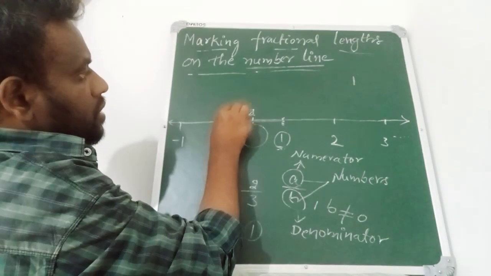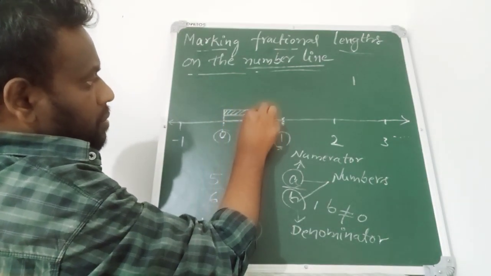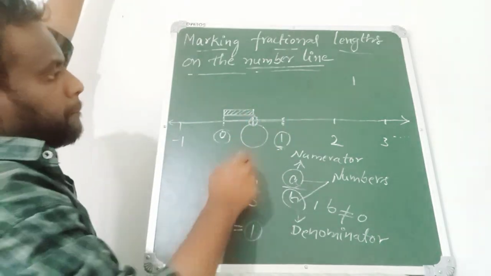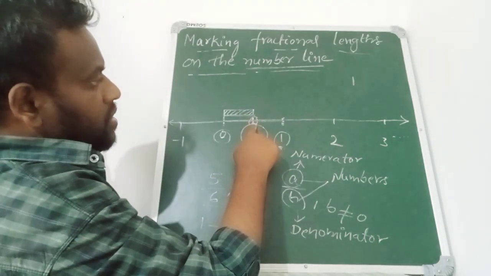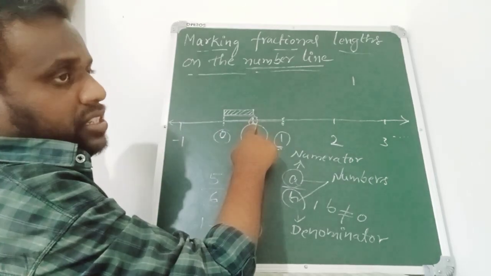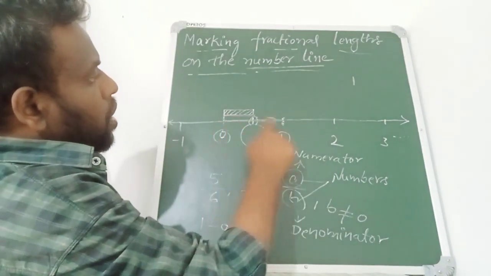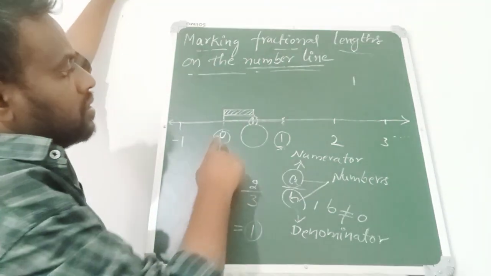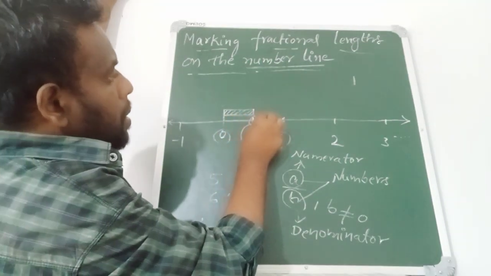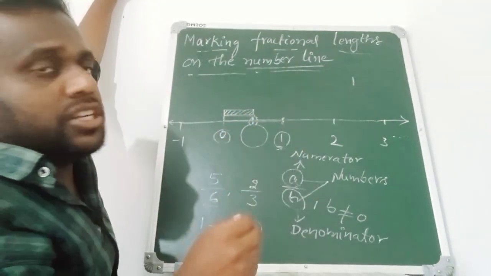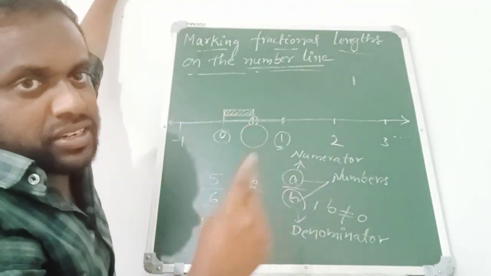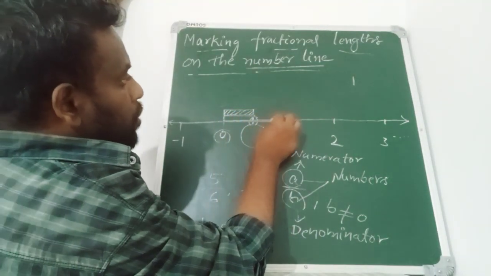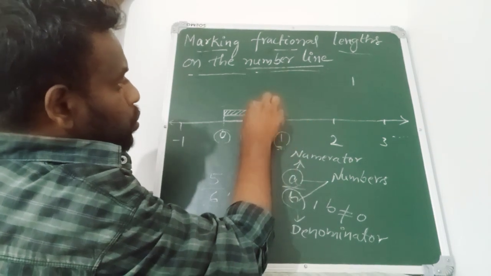Next, see, this length we have to mark here. See, this part you take. So this is exactly in the middle of this 0 and 1. So what is the meaning? This 1 unit is divided into 2 equal parts. This entire 1 unit is divided into 2 equal parts.